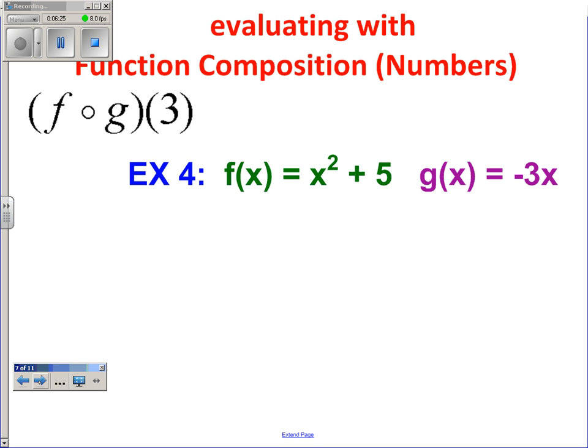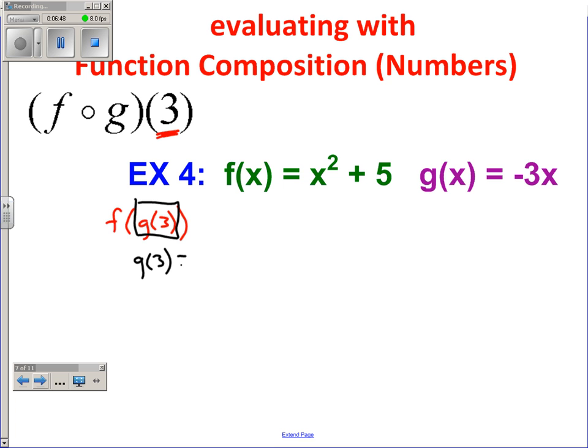Now notice here, in this problem, I have a 3 instead of an x. So let's rewrite this again. And remember I said we want to work inside out. So my first problem that I would like for us to do is g of 3. That's the inside.